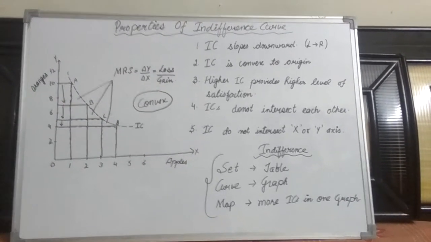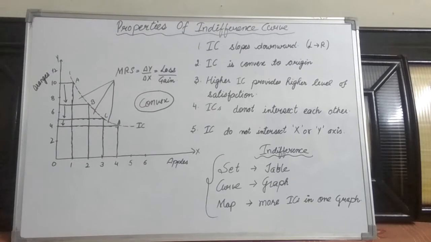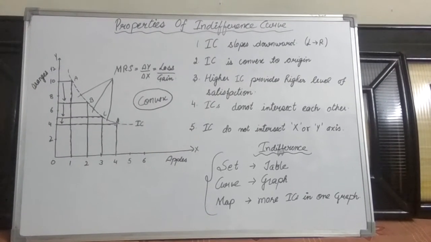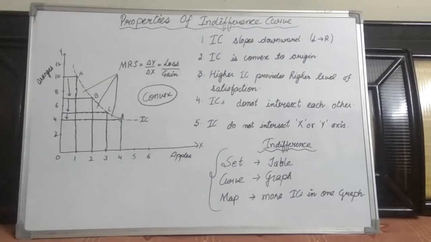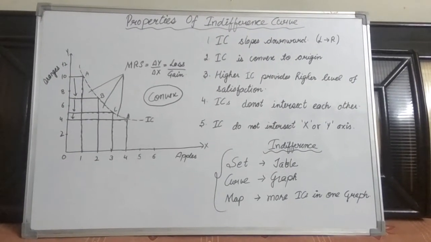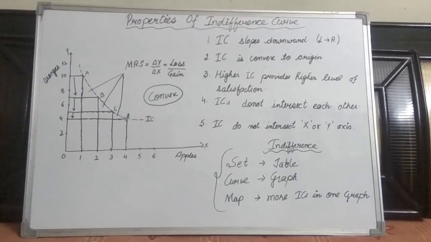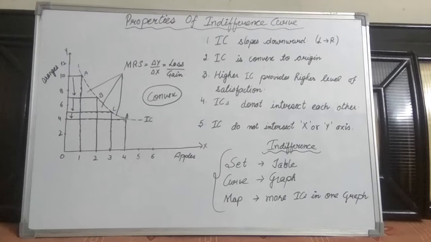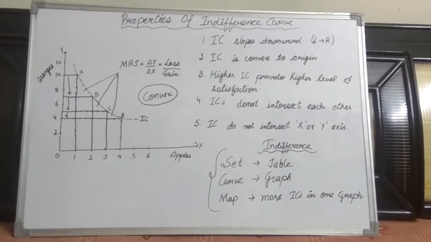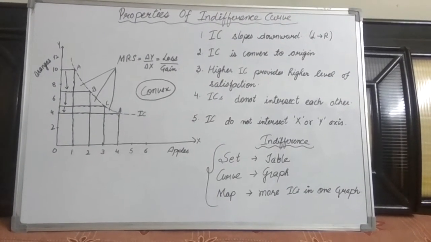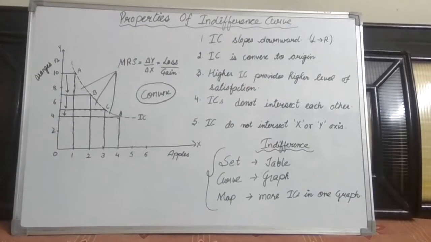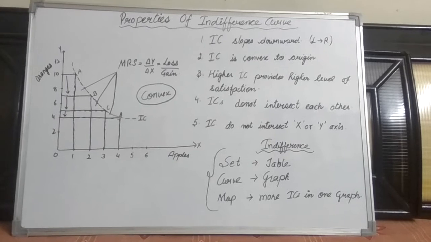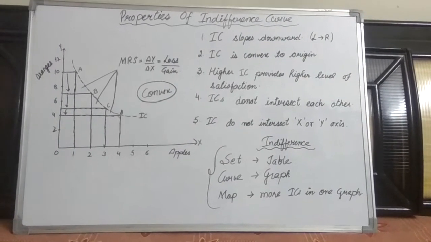As we know, the indifference curve provides the same level of satisfaction to the consumer at all points, and to keep that level equal while receiving more of good X, the consumer has to sacrifice some units of good Y so that the level of satisfaction remains constant, the same at all points of the same indifference curve.